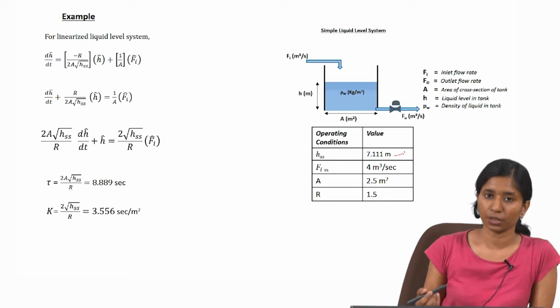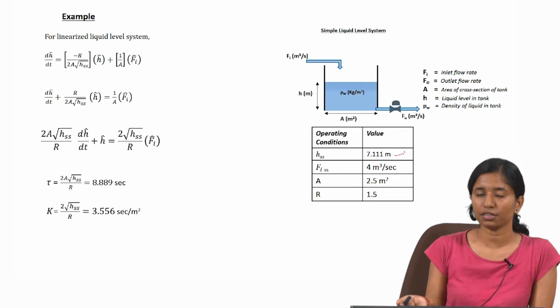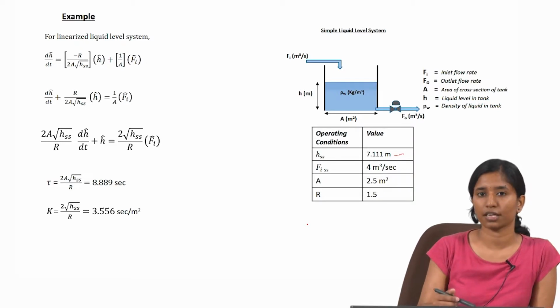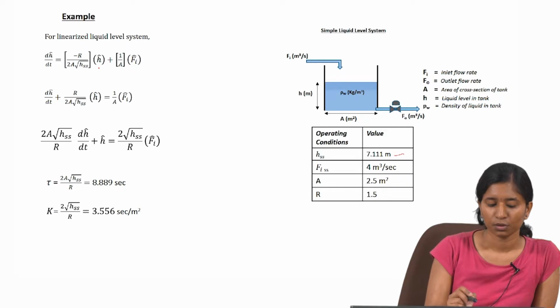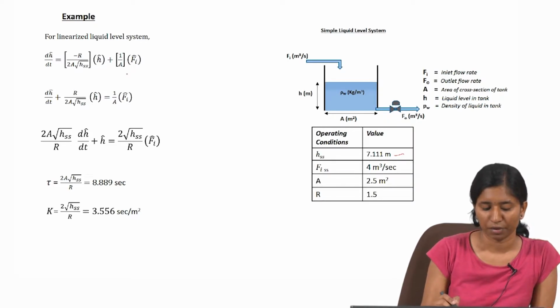For the liquid level system, which was initially a nonlinear differential equation, we linearized it and wrote it in terms of deviation variables, giving a linear differential equation. So, here we will consider the linear differential equation, and it can be written in this form: dH hat by dt is equal to minus r by 2 times a root hss times h hat plus 1 by a times fi hat.